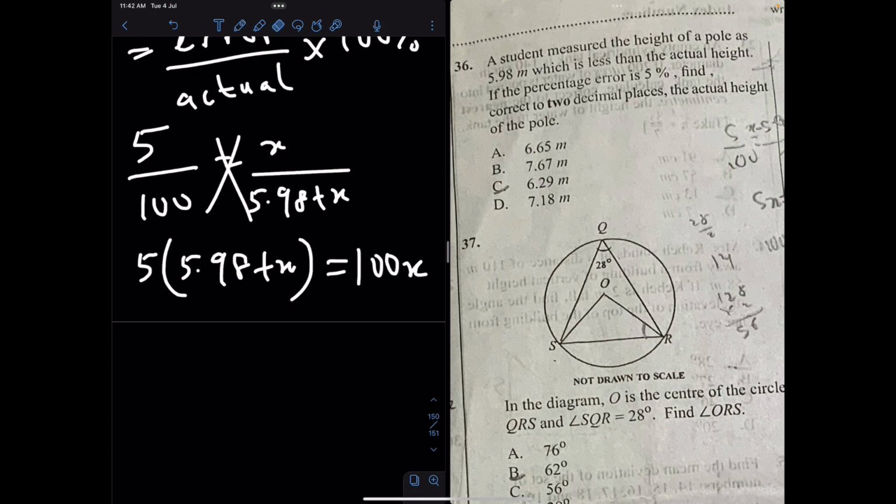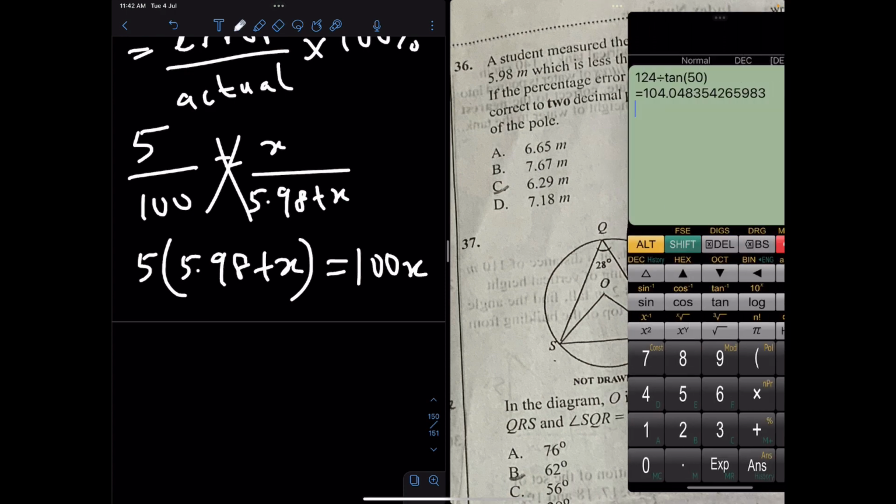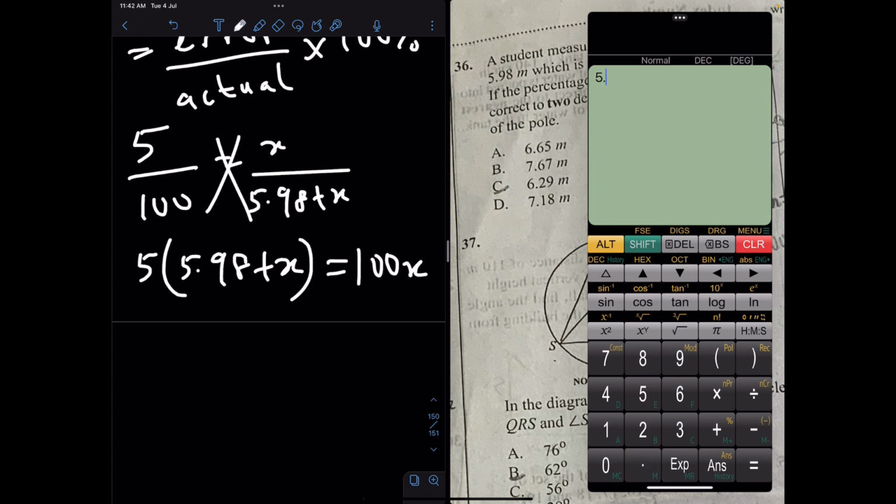5 into bracket 5.98 plus x equals 100x. What's 5 times 5.98? That's 29.9. So 29.9 plus 5x equals 100x.